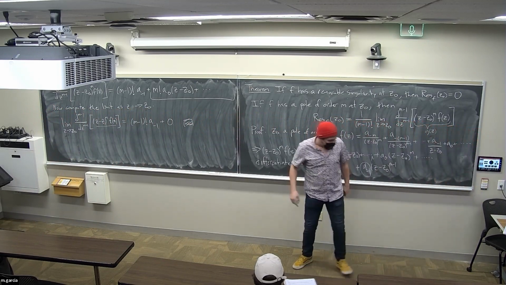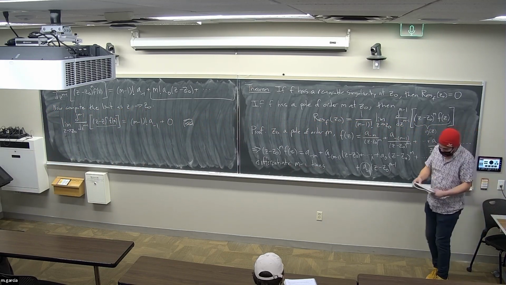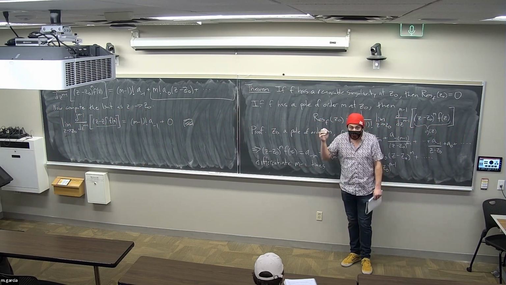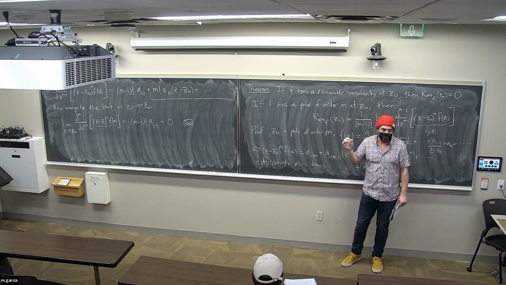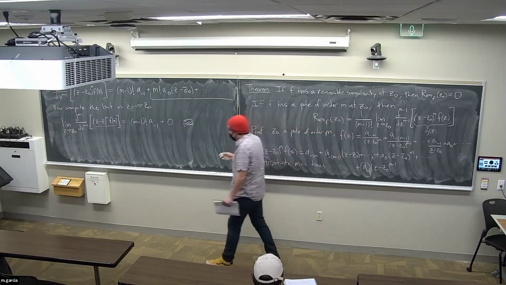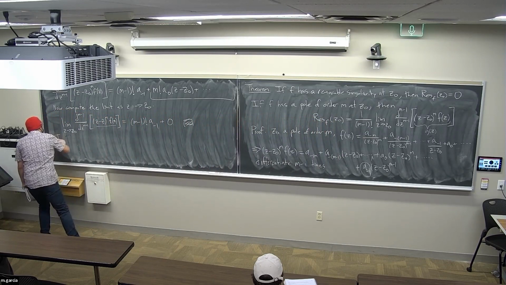So, let's see. Okay, so everything we've said so far applies to functions which have a single isolated singularity inside a contour gamma that we would like to integrate around. What happens when we have multiple singularities? Well, let's draw a picture.